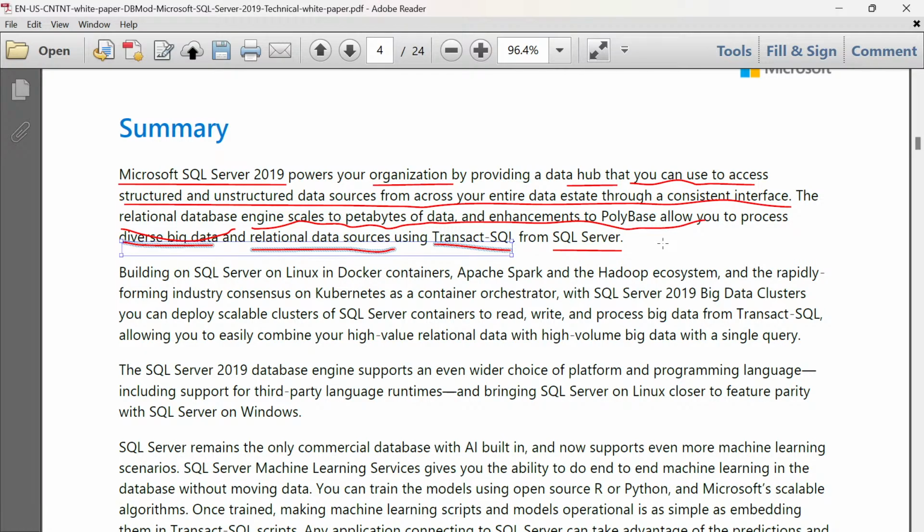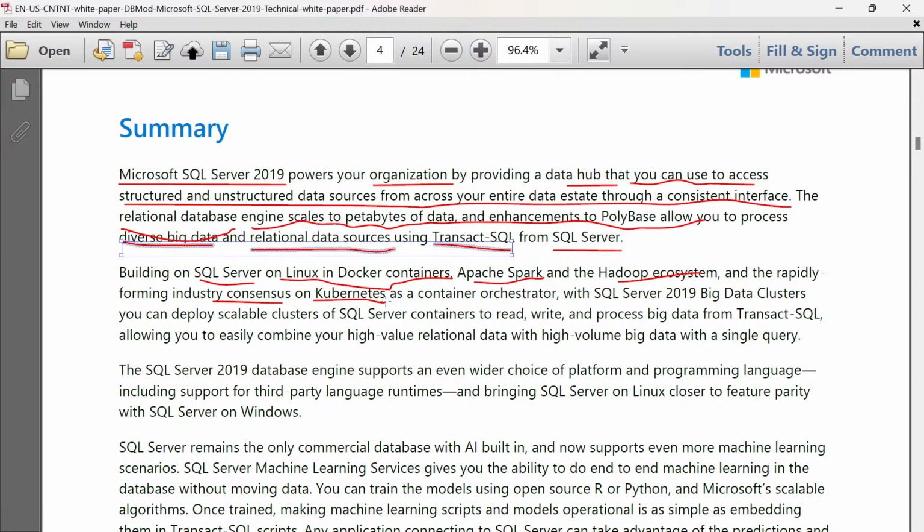All right. So when the implementation of such a database system is discussed, we can see that SQL Server can be deployed over various platforms like Linux in Docker containers, Apache Spark, Hadoop ecosystems, and the rapidly forming industry choice, Kubernetes.